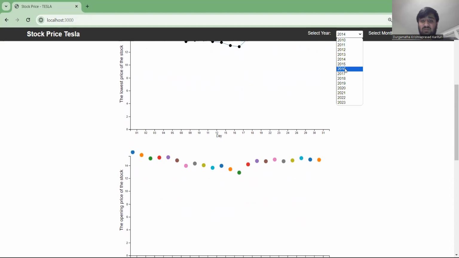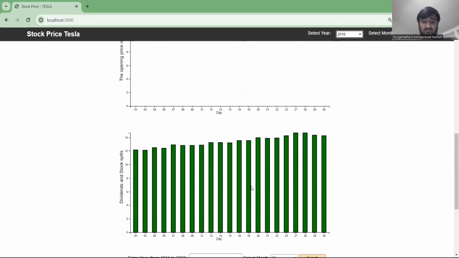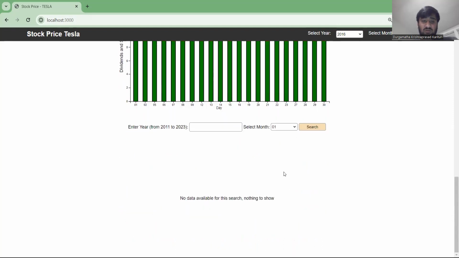By changing the year, we'll be getting different types of data here. And we can enter any year from 2011 to 2023. Let's enter 2015, and month as 07. And we'll be searching.